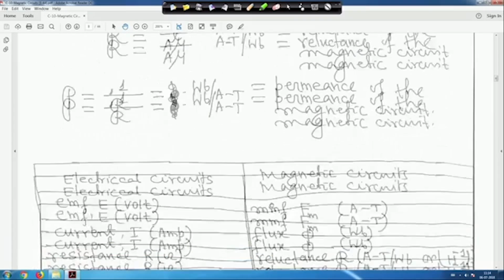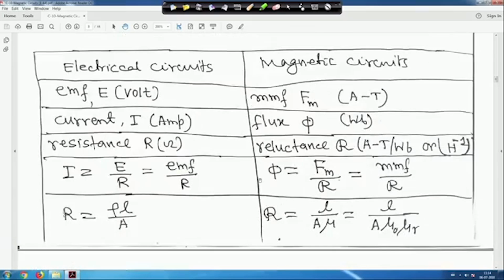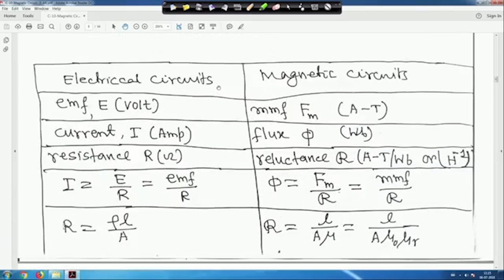So if I put it in a tabular form, the analogous quantities are these. In the electrical circuit, EMF is E volt; in the magnetic circuit, the analogue is Fm. Current here is I ampere; in the magnetic circuit the analogue is the flux phi, in Weber. Resistance R ohm in the electric circuit; for the magnetic circuit it is reluctance R, ampere turns per Weber, or the reciprocal of Henry, that is 1 upon Henry.